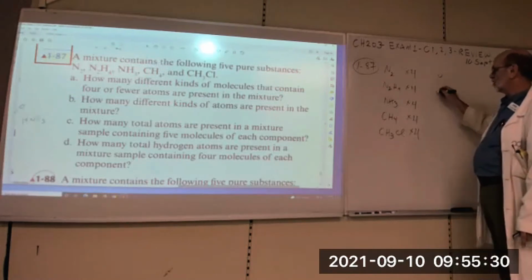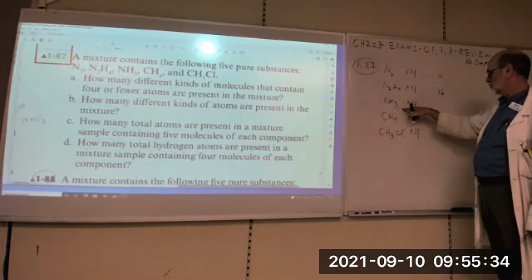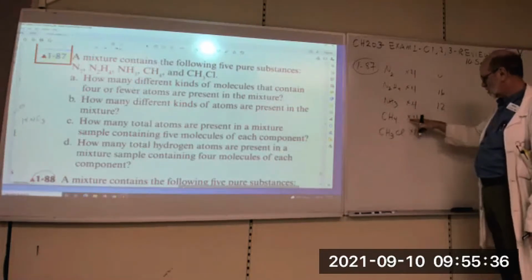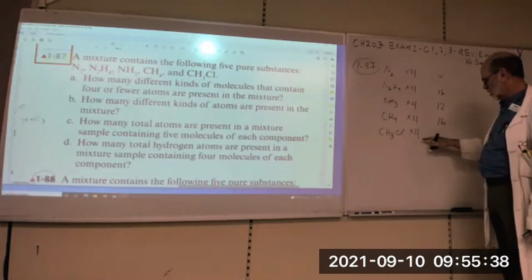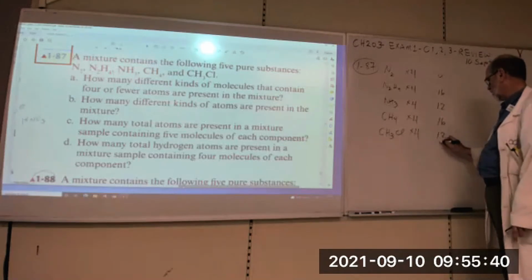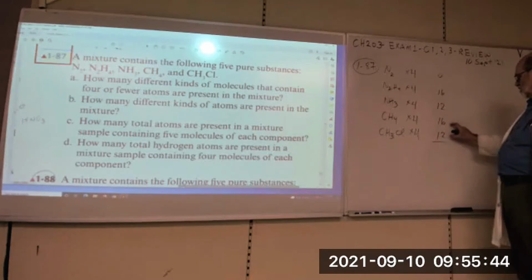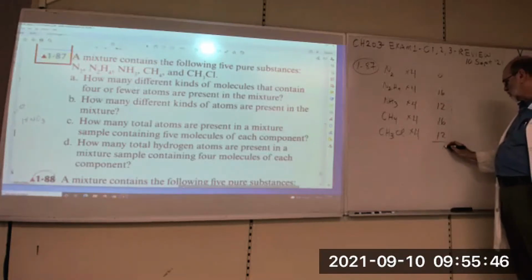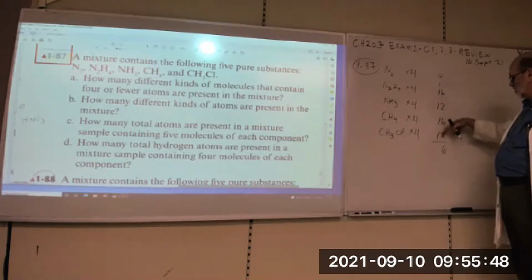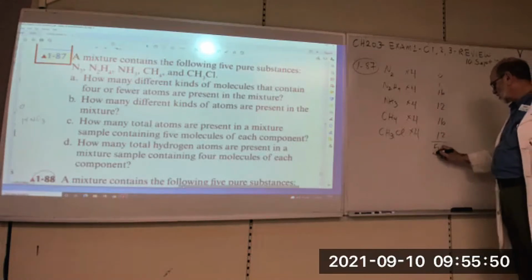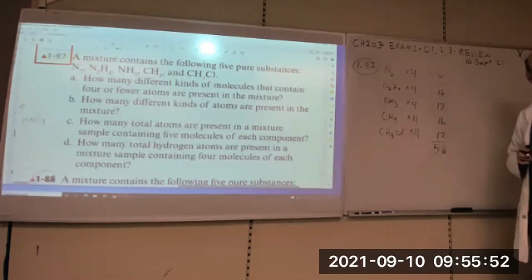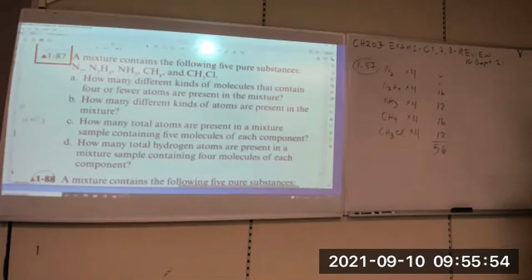No hydrogens here. 16 hydrogens there. 12 there. 16 here. And 12 here, right? Okay, let's see. That's 8 and 8, 16. Carry the 1. 56. Okay.